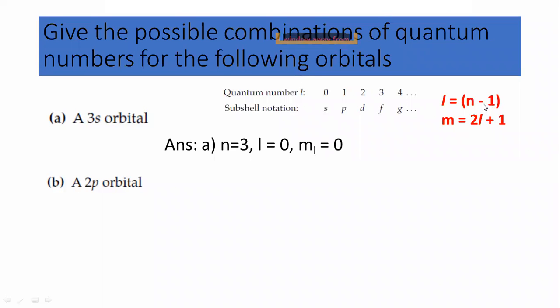The value of L is 2 here, and the formula is 2 multiplied by 2 plus 1, so the number of values of M will be 5. 5 is indicating there are 5 orientations. So we will start with 0, plus 1, minus 1. So there are 3, then plus 2, minus 2. Total there are 5. So 0, plus 1, minus 1, plus 2, minus 2. There are 5 orientations. Correct? Okay.